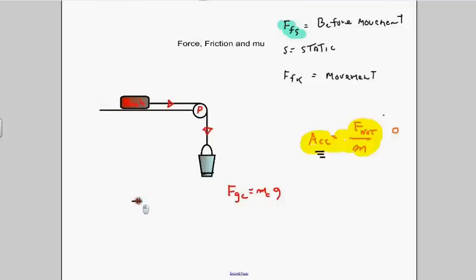Okay, I added some pennies and we have a little weight over here. A little force of gravity cup occurring. And I'll note that just by saying this is FGC, force of gravity in the cup.